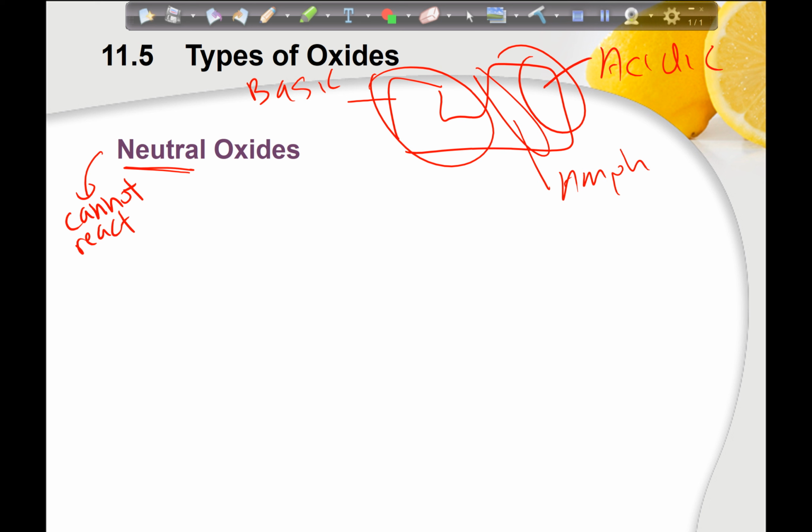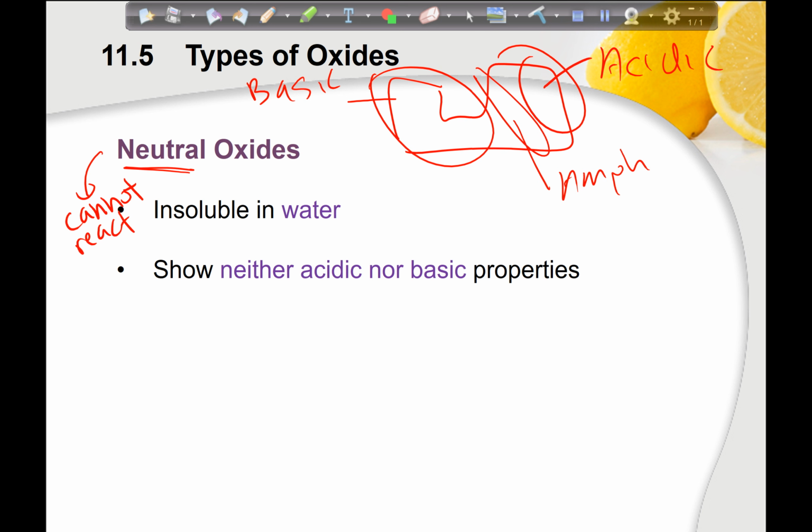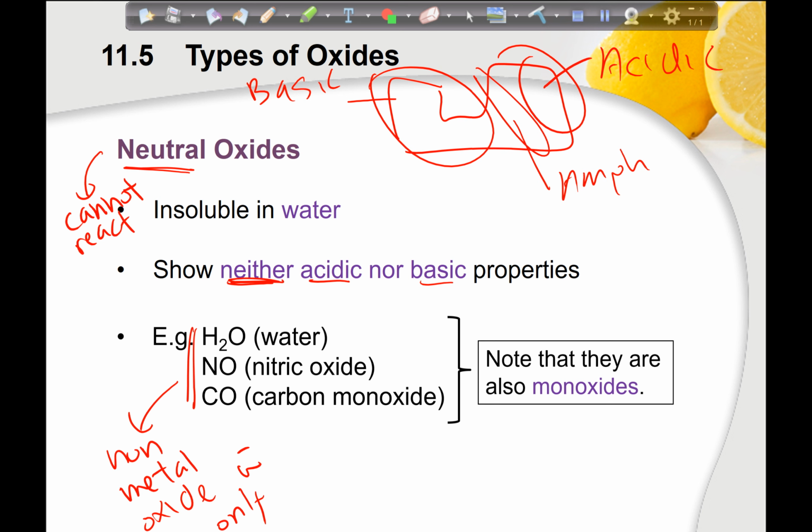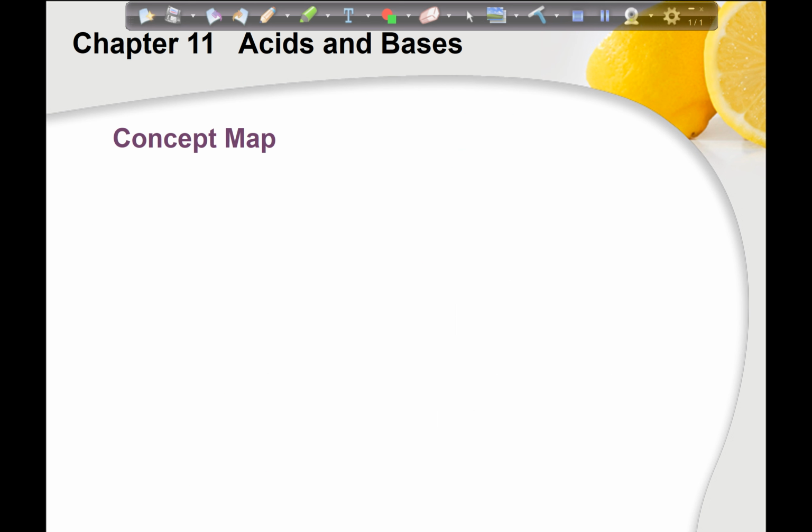Usually they are insoluble in water. They are neither acidic nor basic. Usually they are non-metal oxides with only 1 oxygen. That pretty much sums up everything.